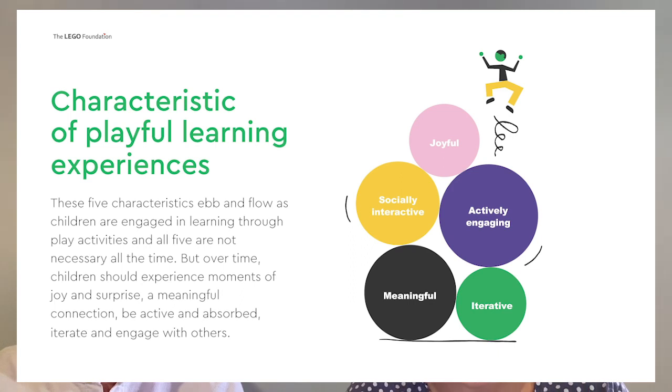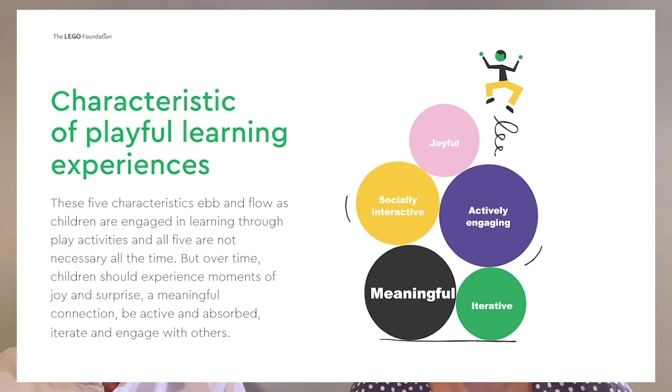For example, it is really great if an activity can be joyful, of course. If you want children to play, if they don't feel joy, that's not very fun. Actively engaging, also iterative, that's really great if you can do things again and again, repeat your actions and learn from mistakes. It's also a good point if you can be sure that the activity is meaningful.